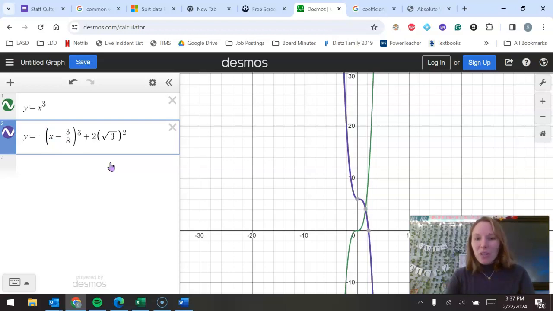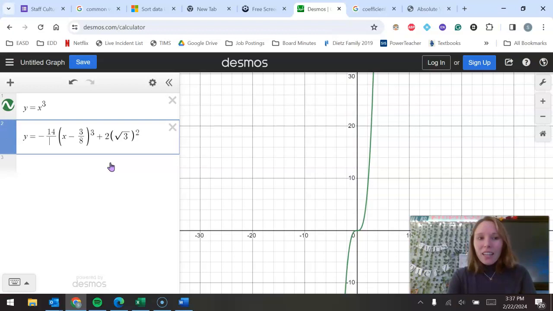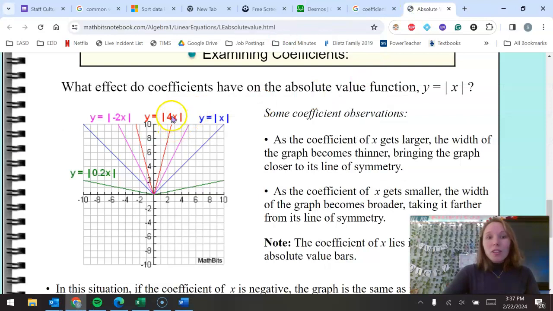Alrighty, I can see my graph looks like it changed a little bit. Now, taking out that fraction, it looked like it stretched it a little bit. Now it looks thinner. The same kind of concept that we talked about here. The larger that coefficient is, whether inside the absolute value bars or outside, the thinner our graph is going to get, the closer to your x-axis it's going to be.